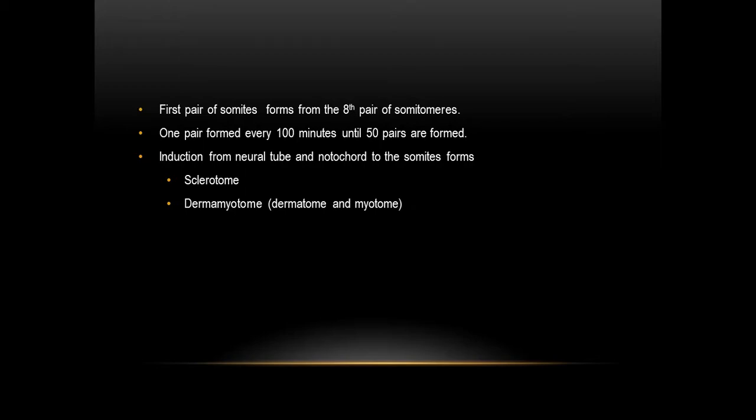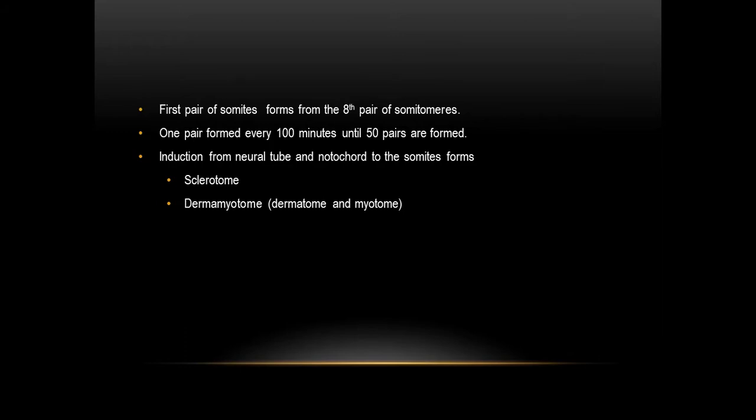You'll be seeing the 7 pairs of somatomeres on the rostral portion of the animal, and the eighth pair of somatomeres will become the first pair of somites. Then the trend will be one pair of somites formed every 100 minutes, until a maximum of 50 pairs of somites can be seen.